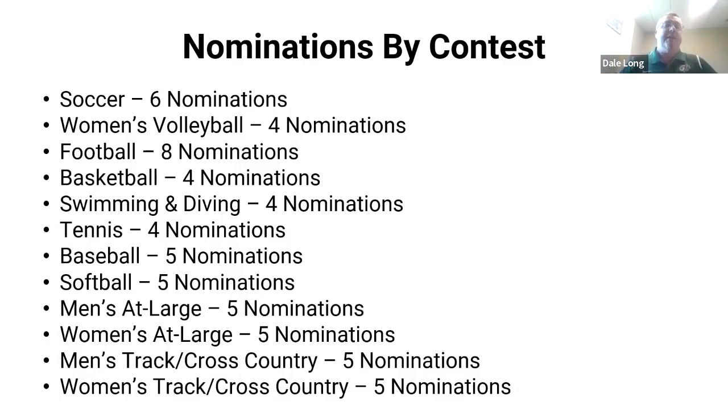It is 8 total nominations for your school in the sports that have positions. The basic thought for this is that the number is basically one more than half of the competitors on the field. I know you can have 22 in football, 11 on each side, but generally across the board in all these nominations, it's one more than half of the competitors on the field during that competition.